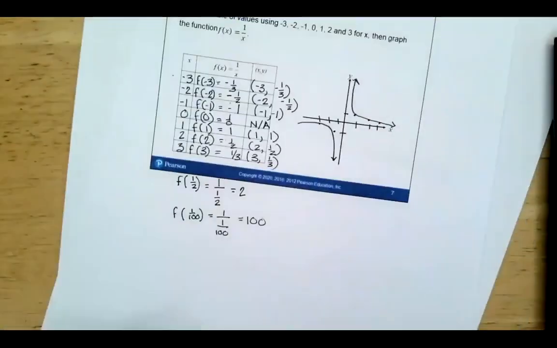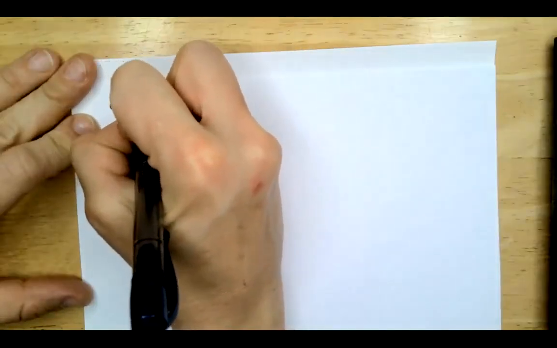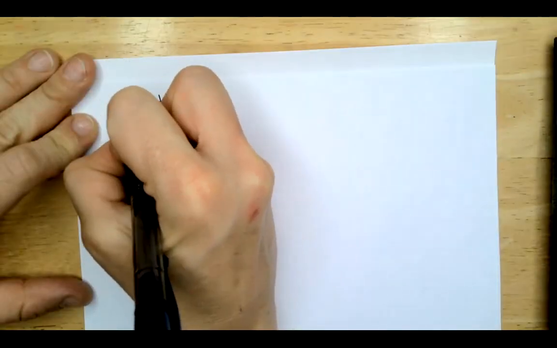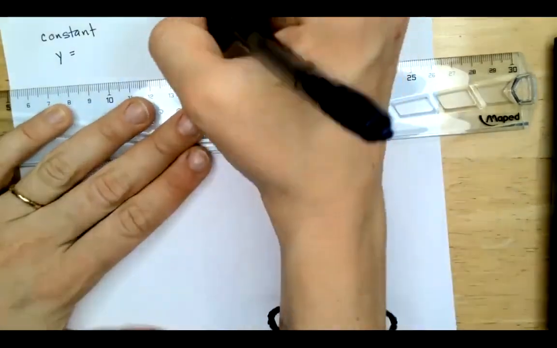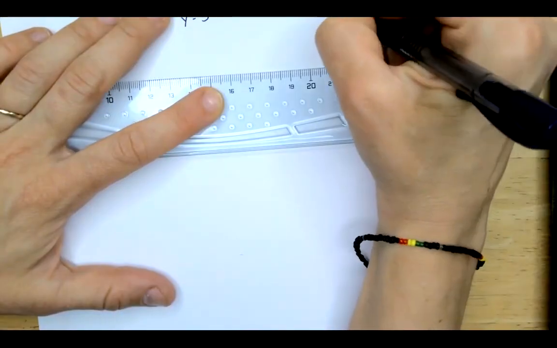Let's review these. So the ones we have done are, we did the constant, y equals 3 was our example, right?